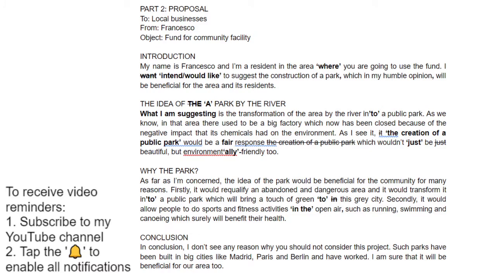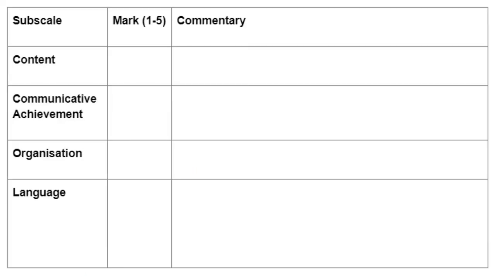Conclusion. In conclusion, I don't see any reason. Again, I would try and avoid contractions if you can. I'll put something about that down here because I don't think I've used that. Actually, we could say it here, perhaps too informal at times. For example, you use many contractions. Maybe not many, but there's been a few of them. So, in conclusion, I don't see any reason why you should not consider this project, okay?